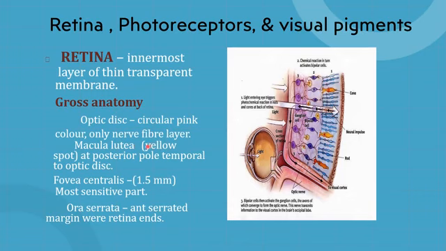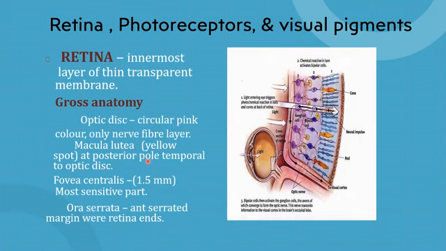The optic disc is a circular pink area with only nerve fiber layers. From here the optic nerve goes to the cortex. The macula lutea is a yellow spot at the posterior pole, temporal to the optic disc.